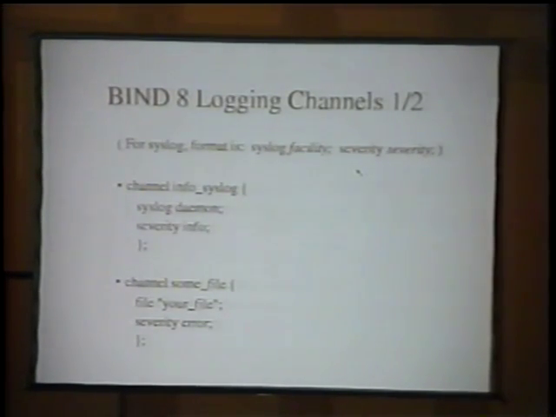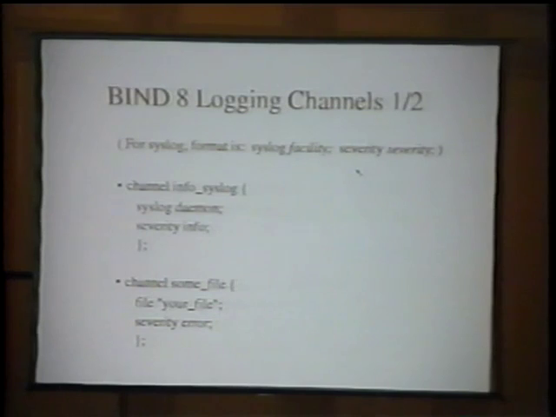Looking at channels, what we're all used to is the channel I'm calling info syslog. You can call it whatever you want, but basically everything goes to syslog, and it goes out as daemon.info. You can change that. You can make it go out as mail.warning.